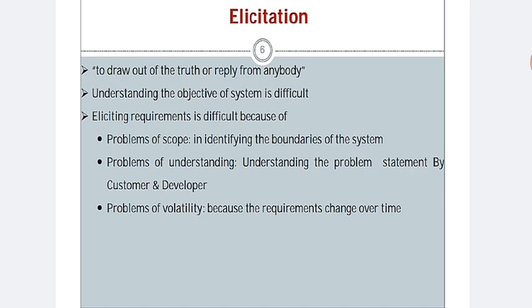Boundaries means, suppose you want to design some software, at that time we cannot say that the software is limited to particular users, or that it is only available in a particular area. Whenever such boundaries are unclear, it is difficult to get the requirement analysis.